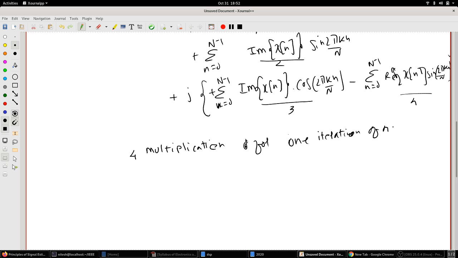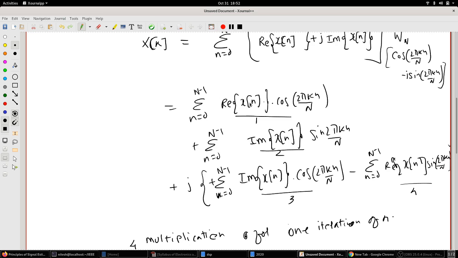Here there are N iterations, because you are going to multiply x of 0 into cos of 0, then x of 1 into cos of 2 pi k by N, and so on. So you will have N multiplications here, N here, N here, and N here.